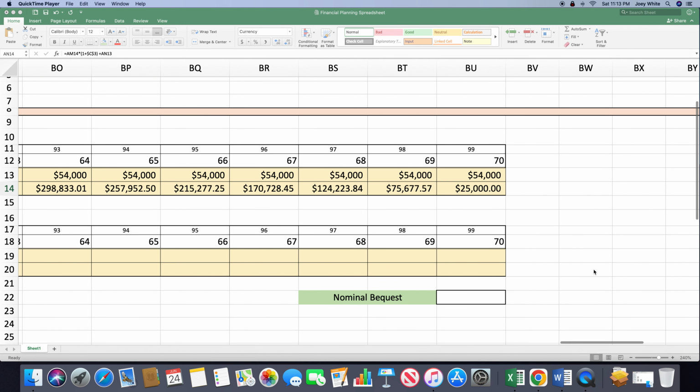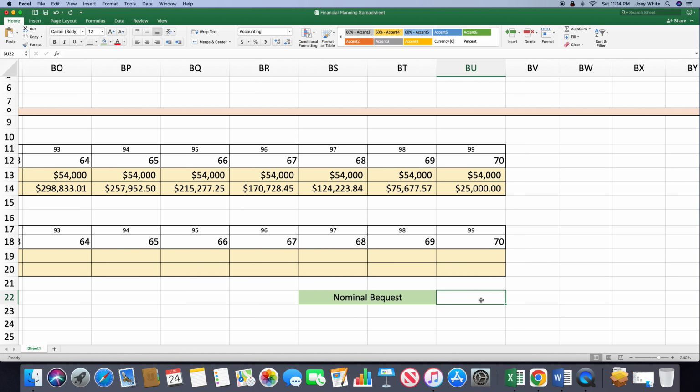Okay, so one thing we can start off doing is looking at the nominal bequest, right? That we'll end up having once we pass away and leave a bequest to our children. So we'll click this cell here. We'll do equal sign, and basically we just want to index this payment here, $25,000, by the inflation rate, 2.5%, over a 70-year period.